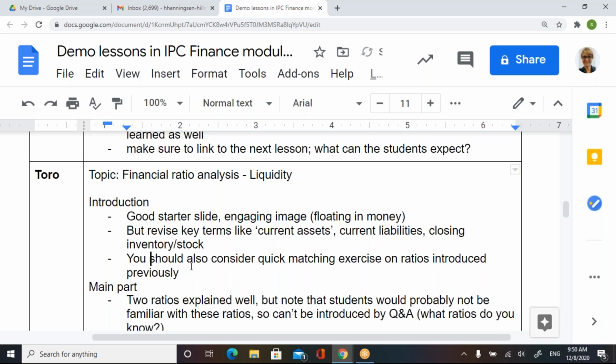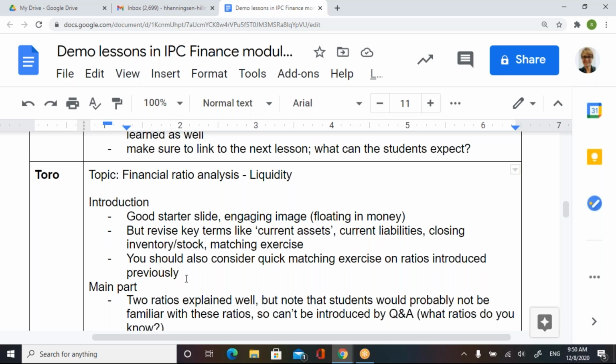So why not consider a quick matching exercise on ratios introduced previously, but also maybe a matching exercise on inventory stock. So there are some options here to get them to have a bit of an introduction to the lesson rather than going straight into the new stuff.